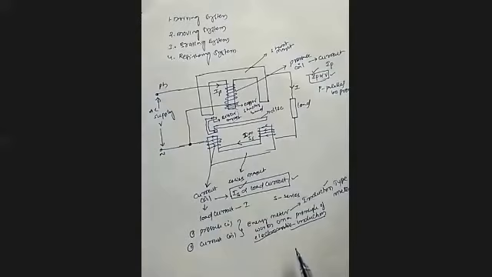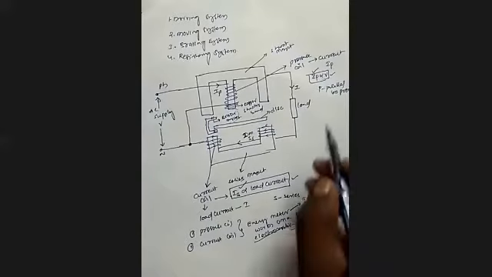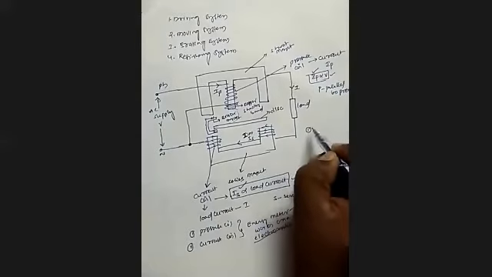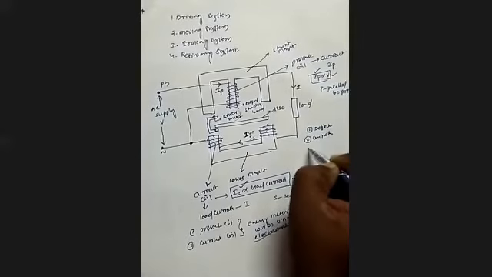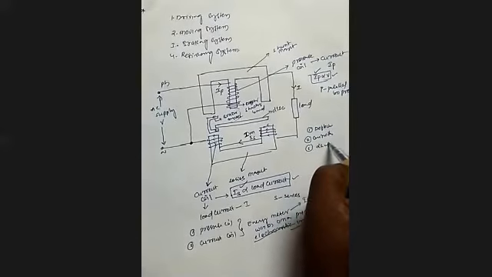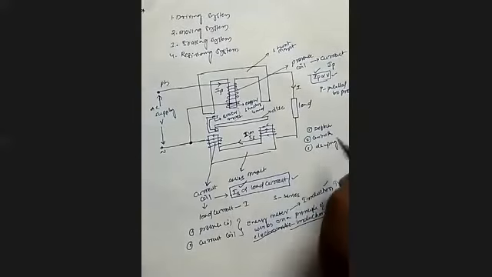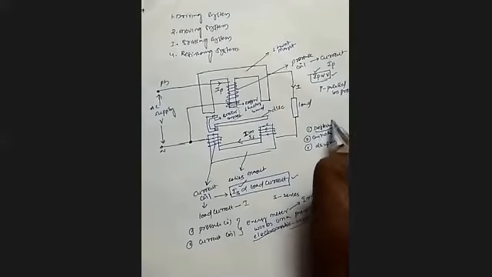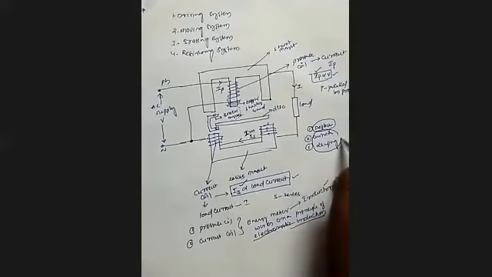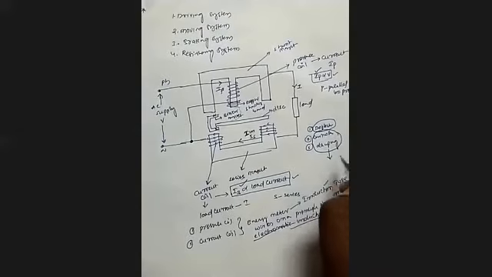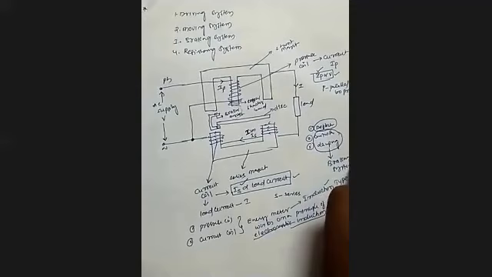Because for any measuring instrument, how many torques do we require? We require deflecting torque, controlling torque, and damping torque. In this energy meter, the controlling torque and damping torque are both combinedly provided by a braking system.